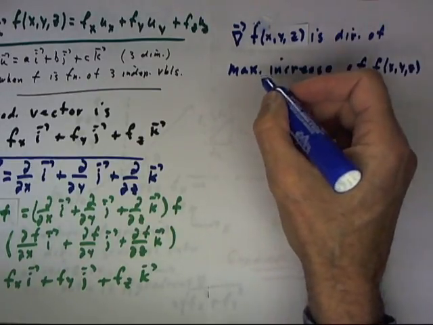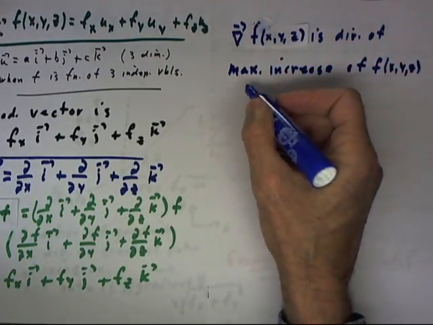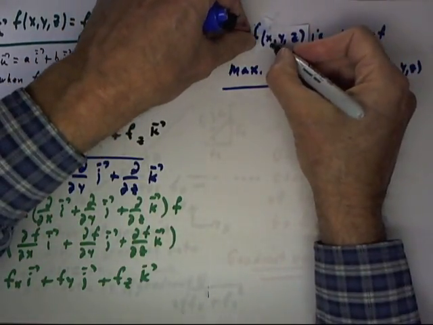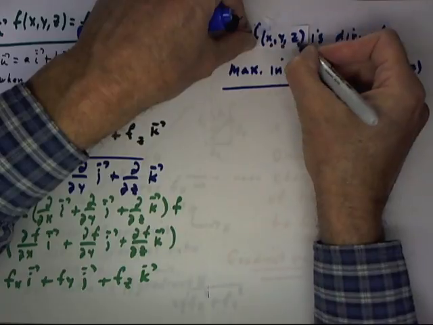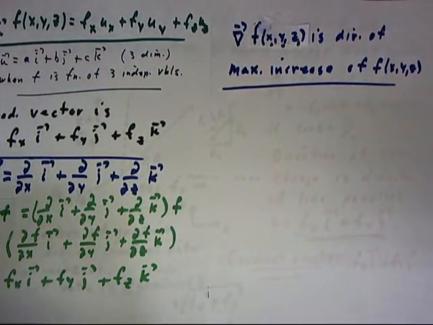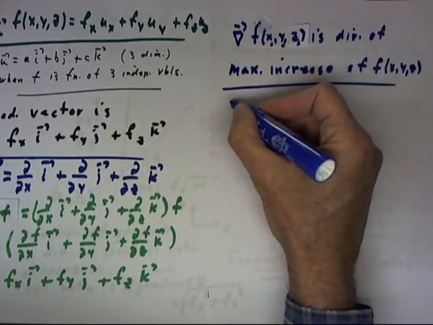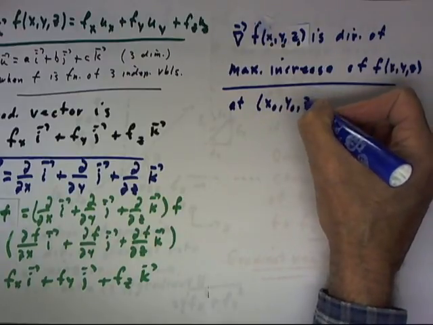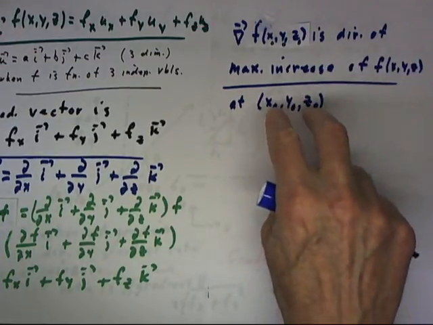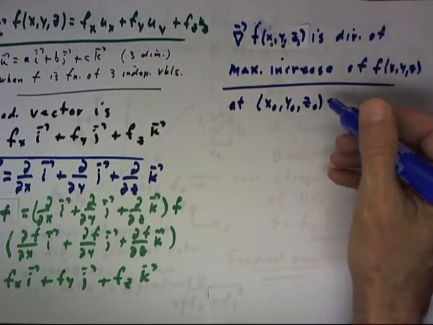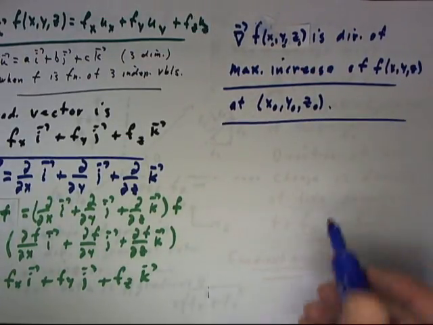Now that's evaluated at the point xyz, and to make that just a little clearer, let's say that's x naught, y naught, z naught. So we'll say that's at the point x naught, y naught, z naught. Using x naught, y naught, z naught to indicate a specific point where x, y, z indicates your general point.